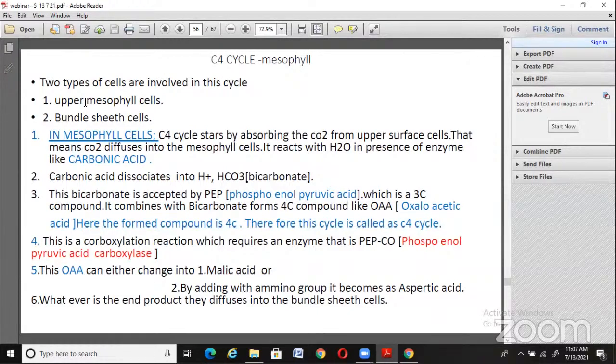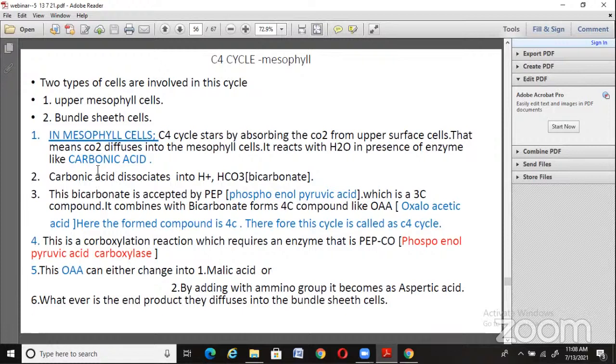That carbon dioxide reacts with a water molecule in the presence of the enzyme carbonic anhydrase, and this reaction results in the formation of carbonic acid.